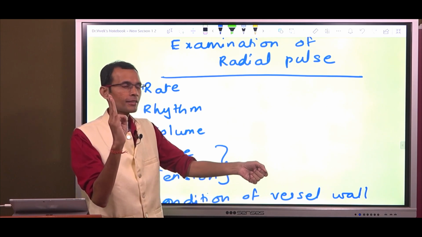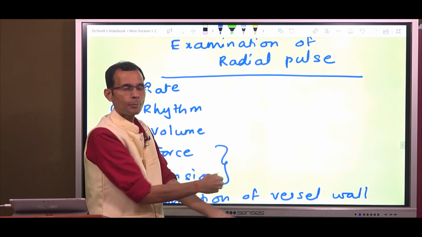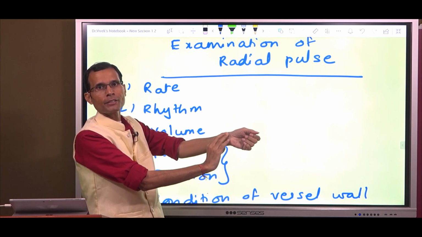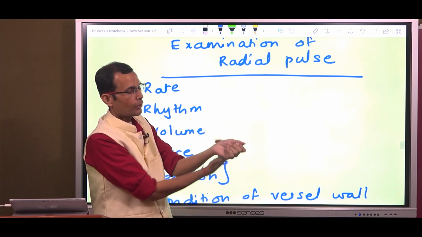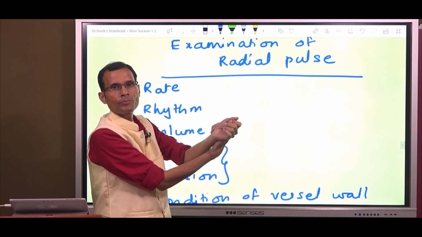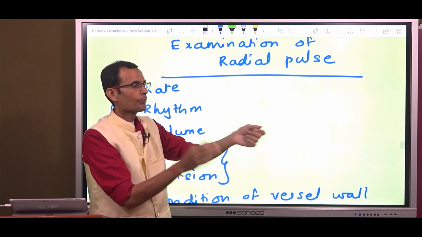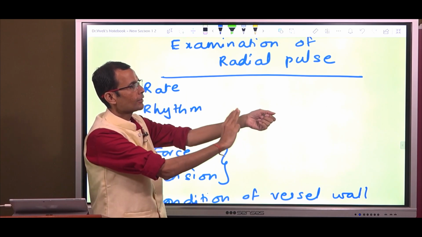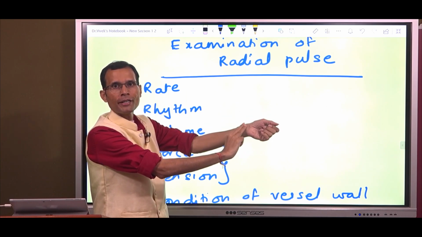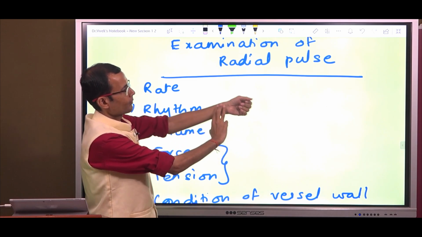3 fingers are to be applied on the radial aspect, the outer aspect, the radial aspect. Many doctors examine it like this. Don't do that, at least at the beginning of your career. Simple method, simple way, 3 fingers, place them over the radius bone, try to feel the radial artery pulsations.